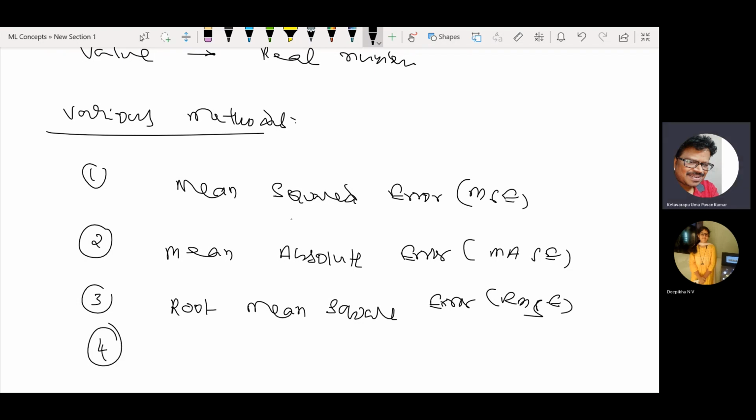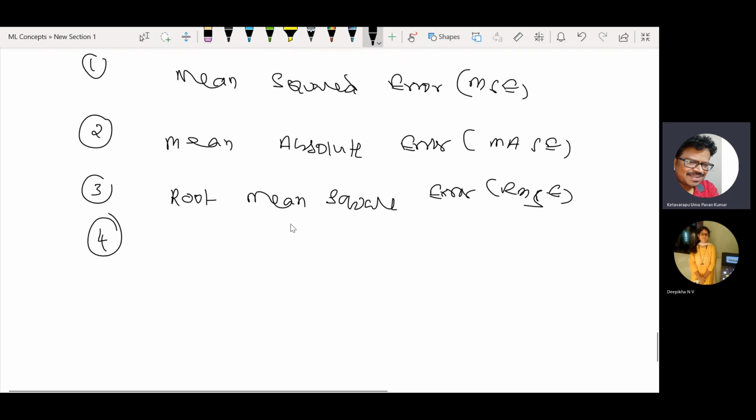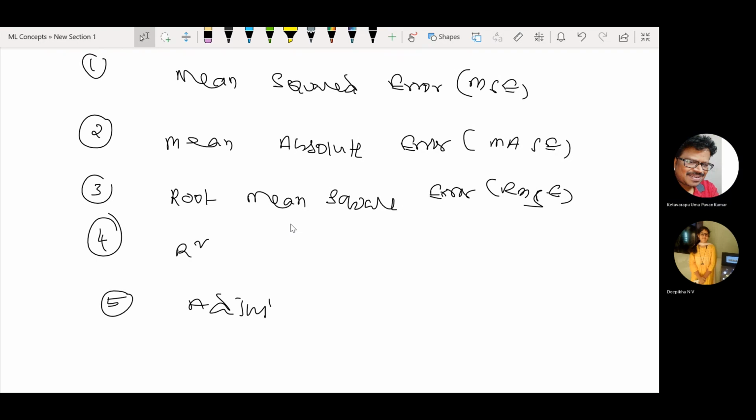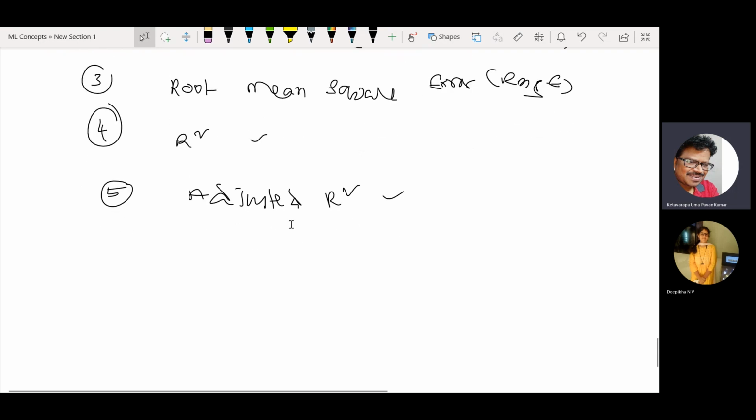And another, some advanced ones, R squared and adjusted R squared. Now, one by one, we'll see, guys.